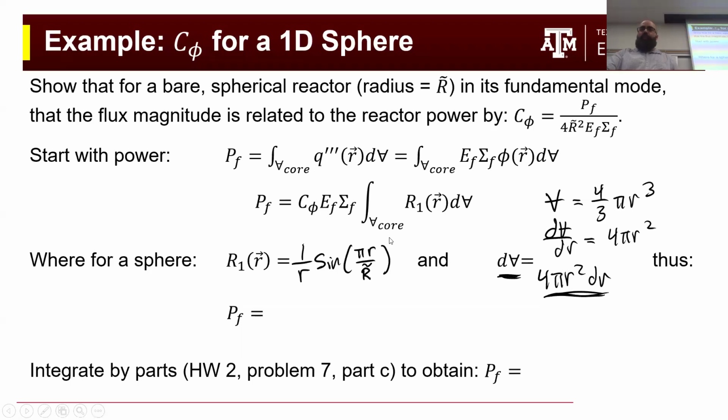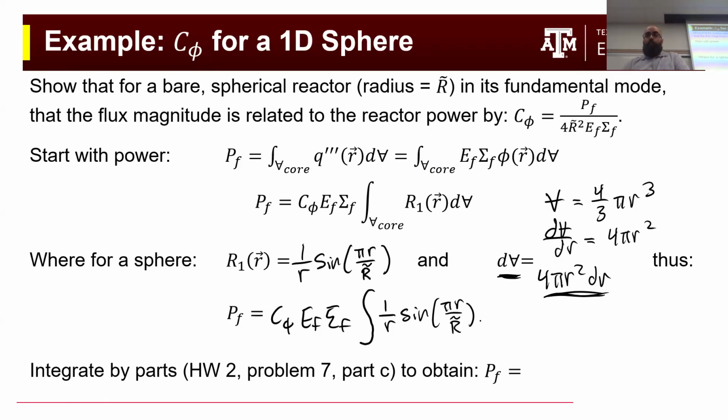So if that's dV for a sphere and that's my spatial shape function, then I can plug that all in right here so that my P_F is going to look like C of phi times EF times sigma F times the integral of 1 over r sine of pi r over big R multiplied by dV, which was 4 pi r squared dr. And so when we're integrating over the power producing region, we're integrating over the volume of the sphere.